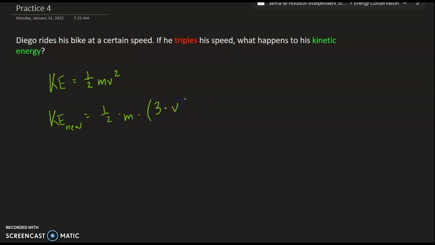Tripling the speed, 3 times v, I keep that in parentheses and then I square it. This would make the equation look like this: 1/2 times m times 9, because 3 squared is 9, times v squared. I can put this 9 out to the front: 9 times 1/2 times m times v squared.